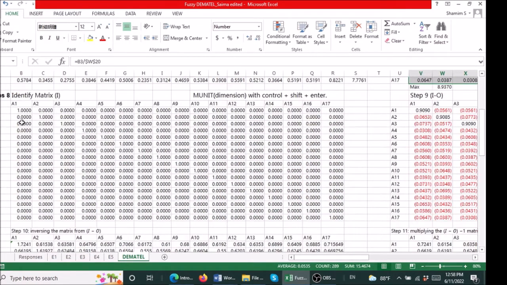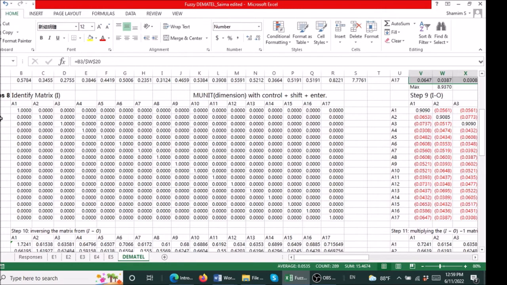Then step number 8, identity matrix. I know this actually causes confusion. Most researchers find difficulty in designing the identity matrix, but it is not a very tough job.